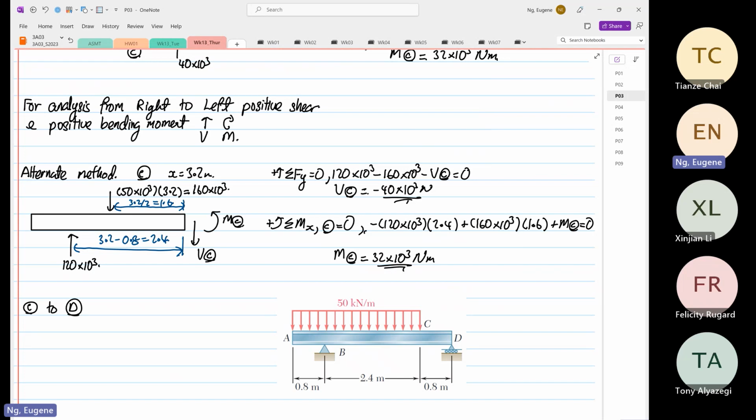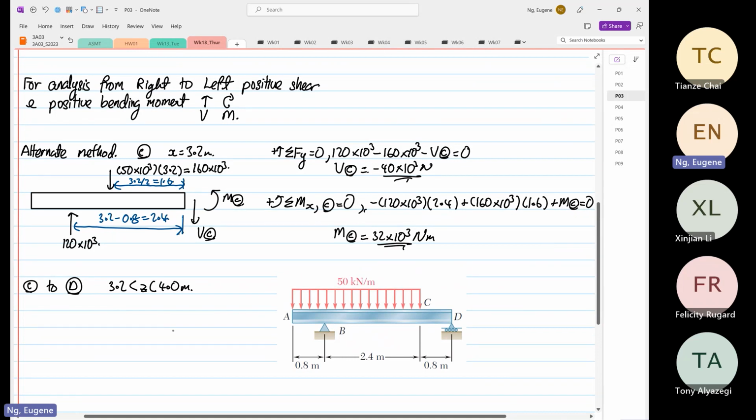It's so much easier. So we have 3.2 to z, and it's going to go to 4.0. So you only need to consider this part.